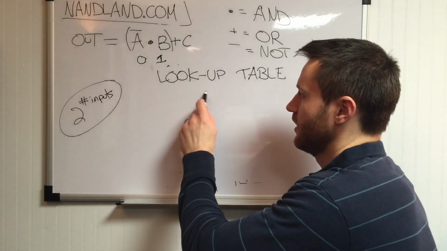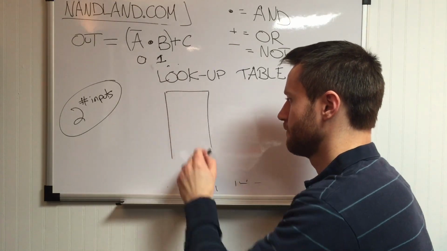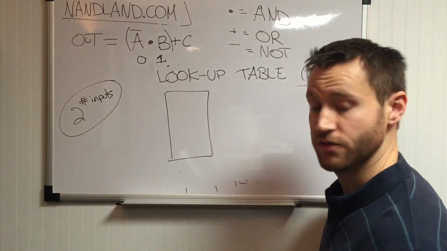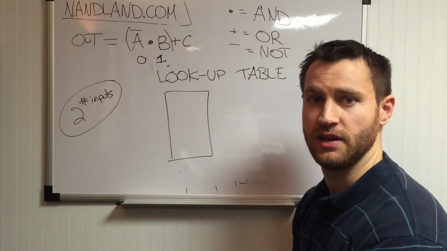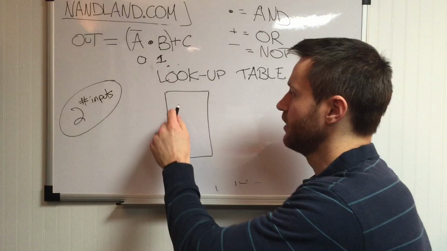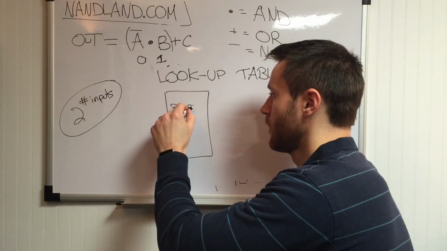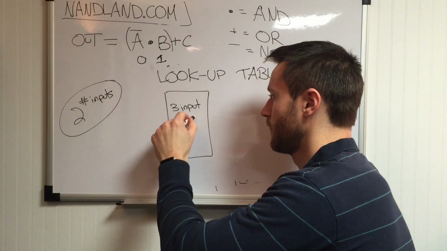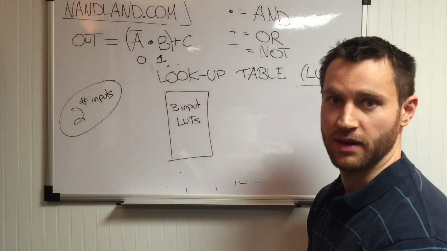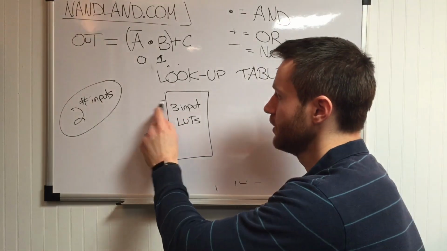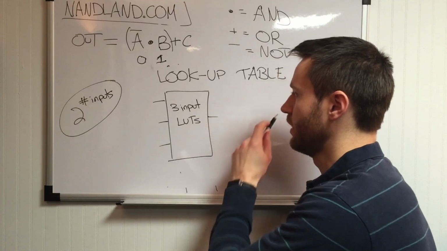Lookup tables you can think of as a box. The simplest FPGAs that came out in the mid-80s had 3 input LUTs, 3 input lookup tables. So there were 3 inputs and 1 output.